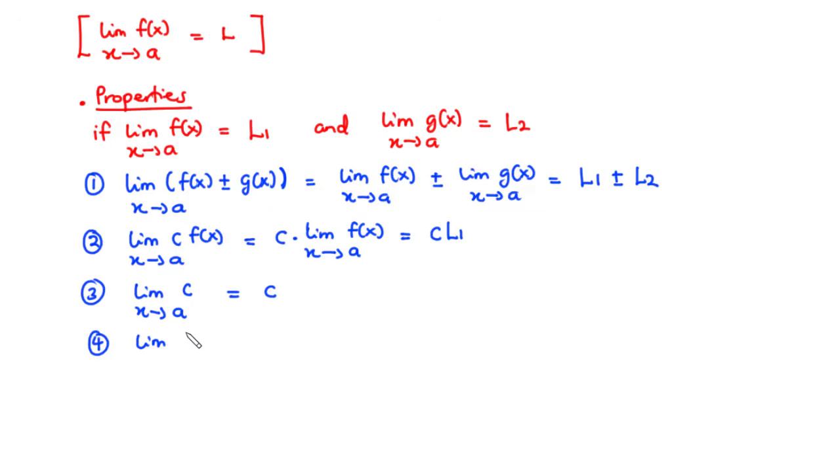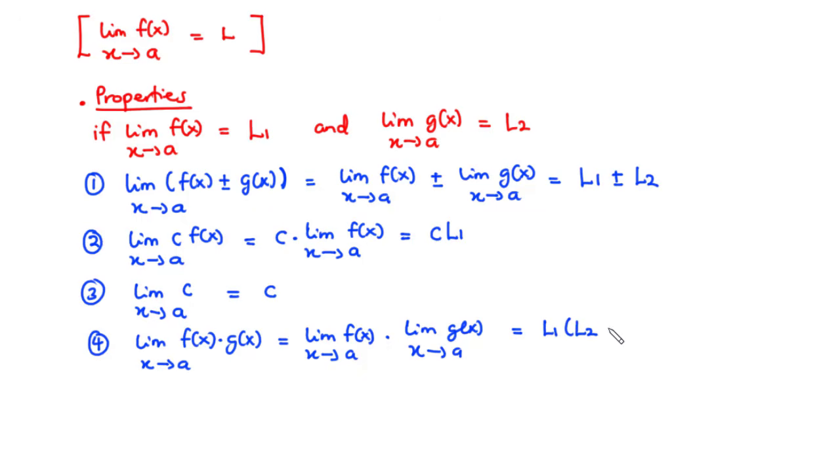The limit of f of x times g of x as x approaches a is equal to, we can have the limit of f of x as x approaches a times the limit of g of x as x approaches a, and this is equal to L1 times L2.